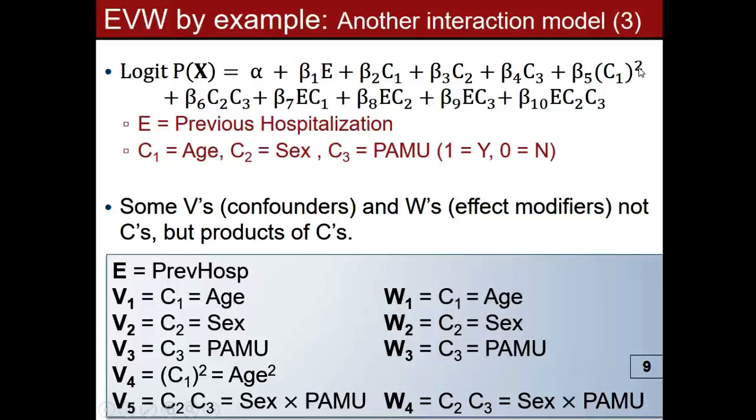C1 squared is a function of C1. It's C1 times C1. That's actually another V term. So we said before that age, sex, and PAMU were confounder terms. Age squared is the same thing. It's another term that you'd be controlling for. It has nothing to do with exposure. If you did your odds ratio formula, it's going to cancel out. It doesn't involve exposure.